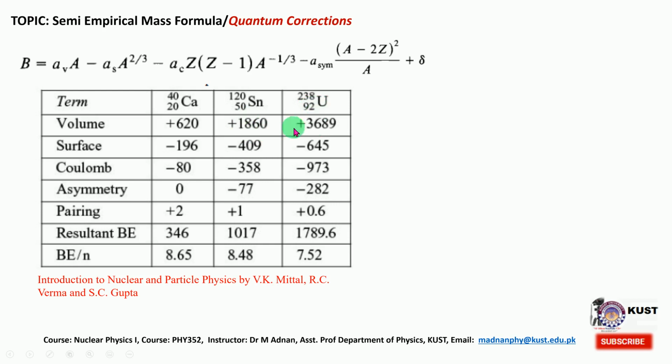So a large volume gives rise to large energy. Similarly, the surface energies in all these 3 representatives of lightweight, middleweight and heavyweight elements. One can find the magnitude, but these are fluctuating across these 3 regimes of mass numbers, but at the end the binding energy is around 8 MeV.